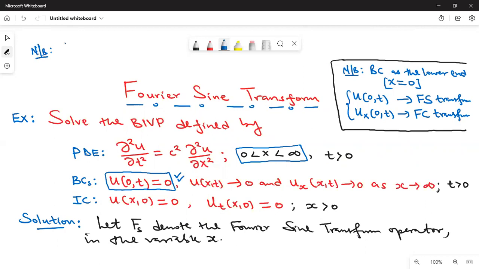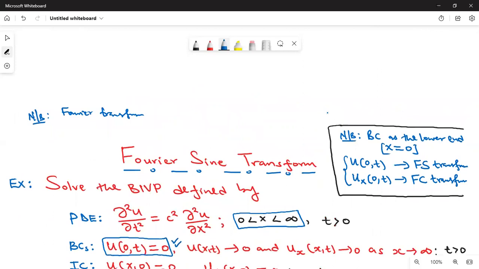So you need to take note that when we talk of the Fourier transform, the domain extends from negative infinity to positive infinity. When you have such a domain, you use the complete Fourier transform, written here as the complete or complex Fourier transform.